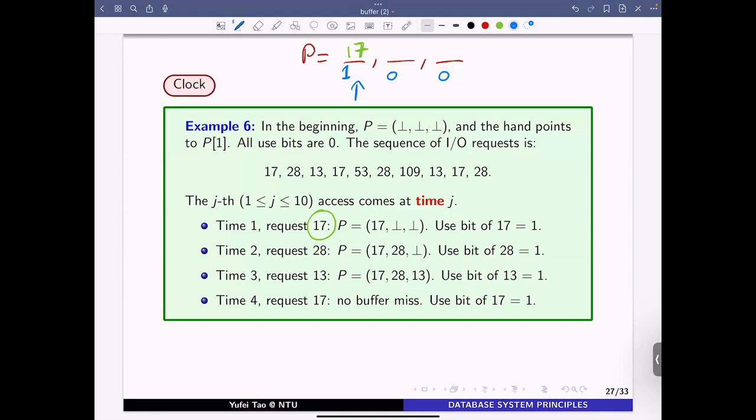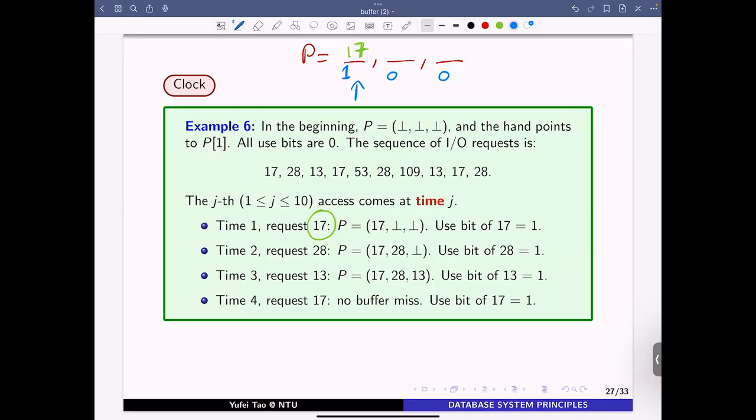Later on, you will see when to reset it to 0. But you want to create this notion of recency, so you achieve the effect that if the bit is 0, then it has not been accessed for quite a while.